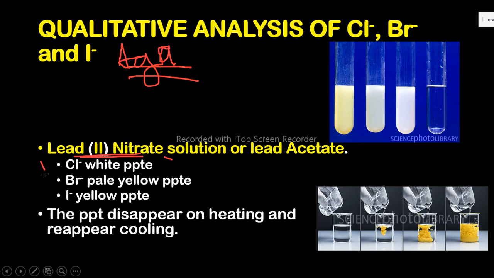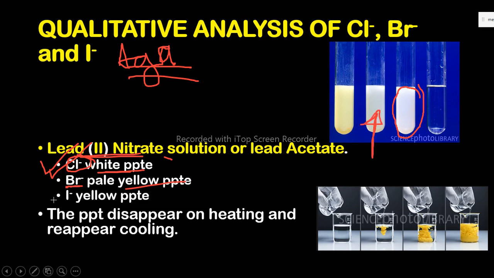So with lead(II) nitrate solution, if chloride ions are present, then we shall form a white precipitate. But if bromide ions are the ones present, then you form a faint yellow precipitate.